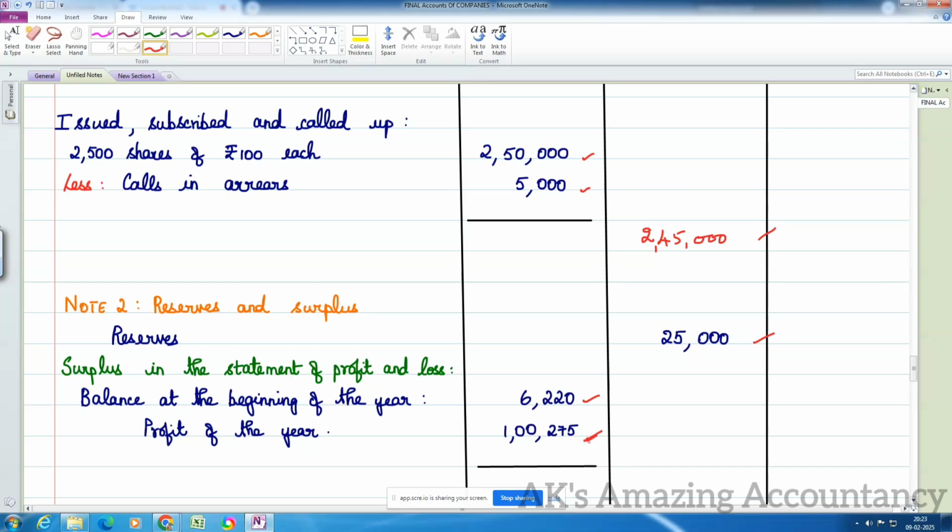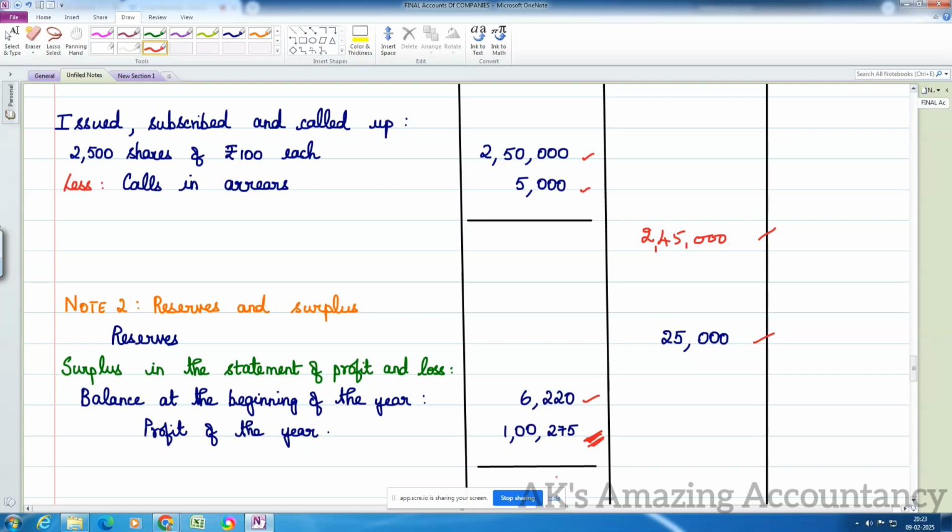To know how you got this 1 lakh 275, you can refer to my previous video, in which I have worked out the statement of profit and loss for the same problem, and as per that statement, we got the answer as 1 lakh 275. That only we are entering here. So we have 6,220.